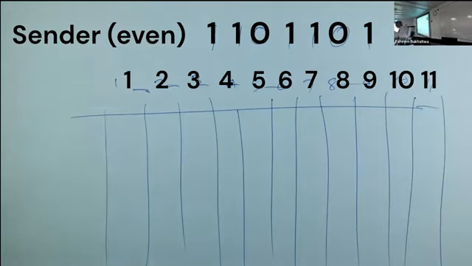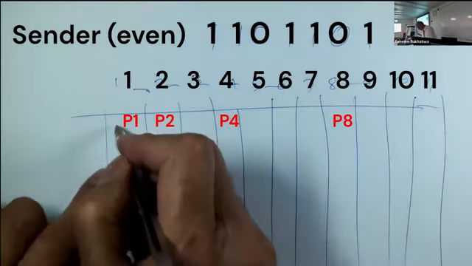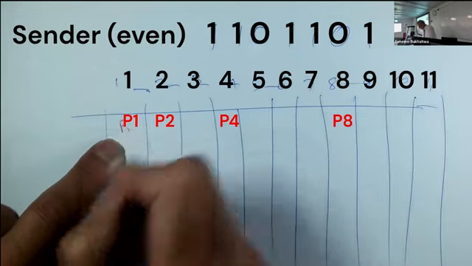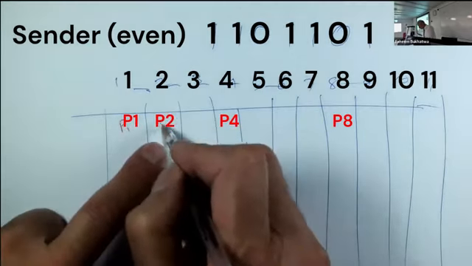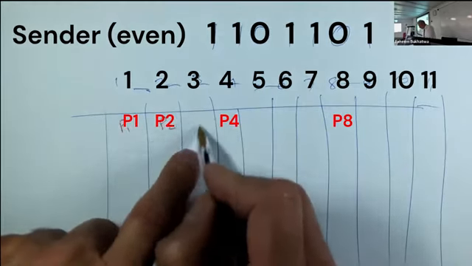Bit number 1 is going to be a parity bit. And then number 2, and then number 4, and then 8, 16, 32, and so on. So we start with number 1, that's a parity bit, and we call it parity bit number 1. This one is parity bit number 2. Now this is where the data goes.